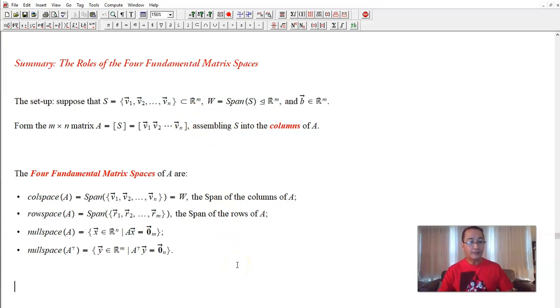The null space of A is the set of all solutions x from Rn, where Ax is the 0 vector from Rm. And finally, the null space of A transpose is the set of solution vectors y from Rm, where A transpose times y is the 0 vector from Rn.